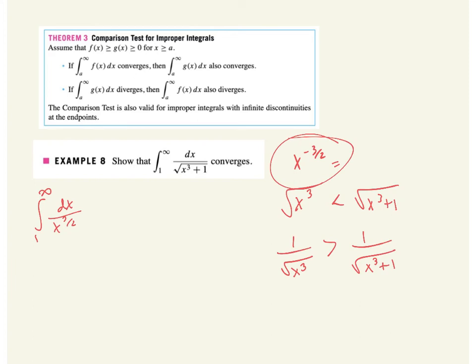Therefore, this converges. Look back at the table just to confirm that. So if the f, which is the larger function here, converges, then the g will also converge, is what we're going off of.